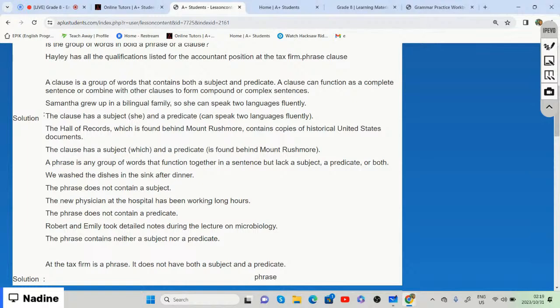And then we have a phrase. A phrase is any group of words that function together in a sentence but lacks a subject, a predicate, or both. We washed the dishes in the sink after dinner.